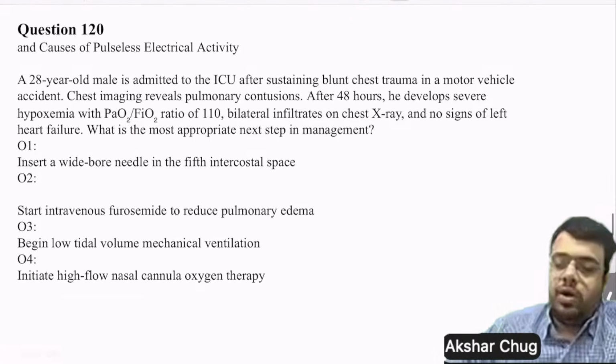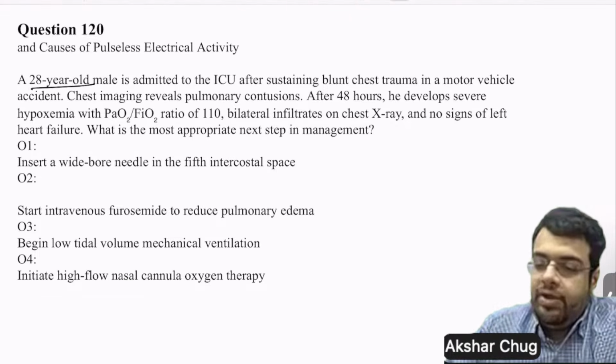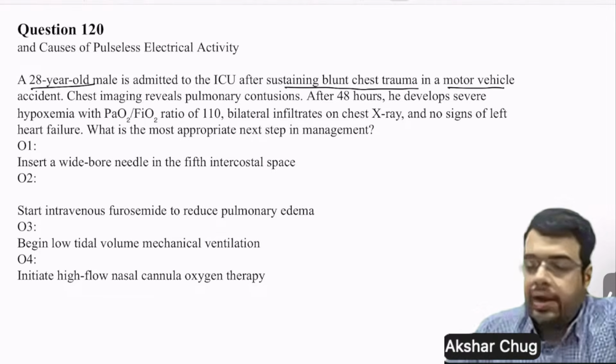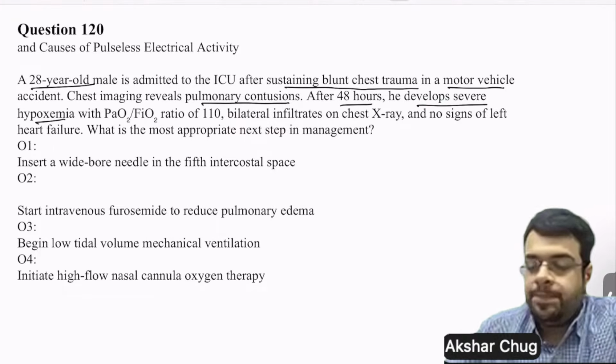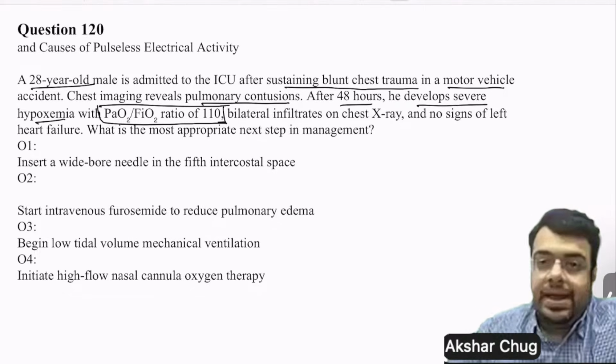Question 120. A 28-year-old male admitted to the ICU after sustaining blunt chest trauma in a motor vehicle accident. Chest imaging reveals pulmonary contusions. After 48 hours, he developed severe hypoxemia with PaO2/FiO2 ratio 110. So this suggests a severe ARDS-like picture.